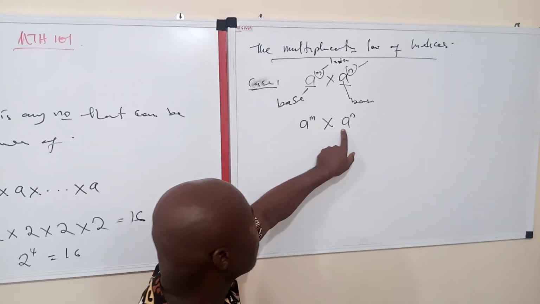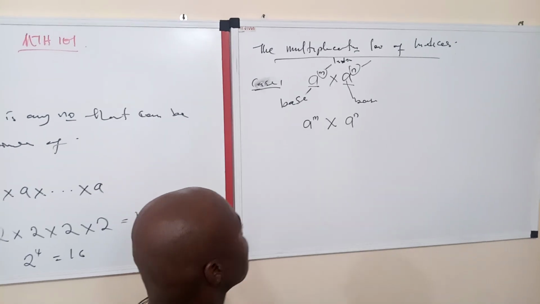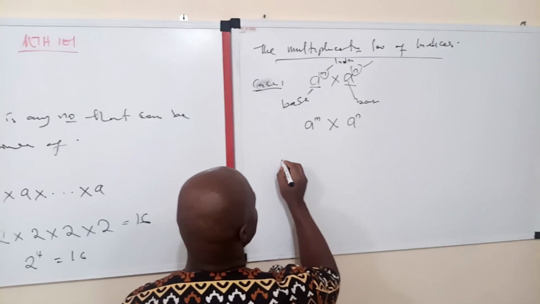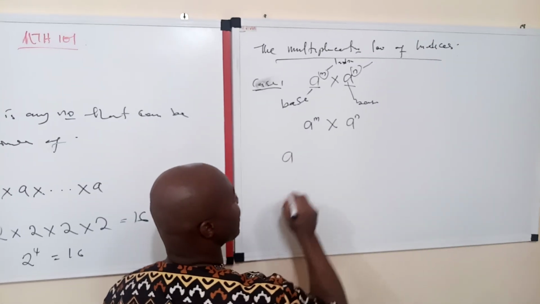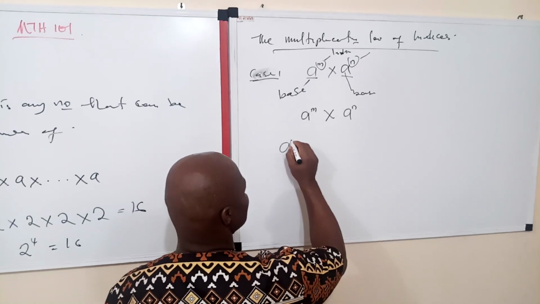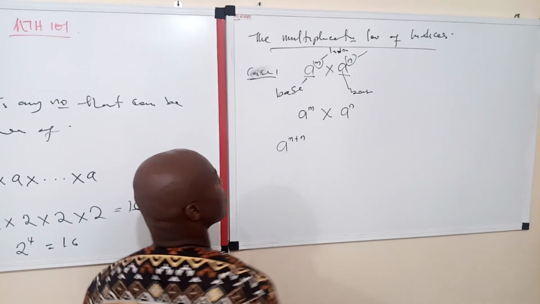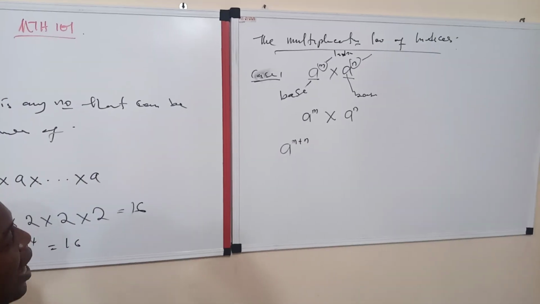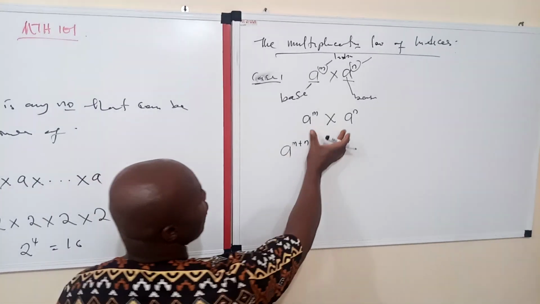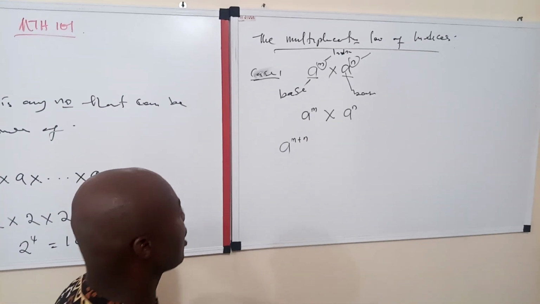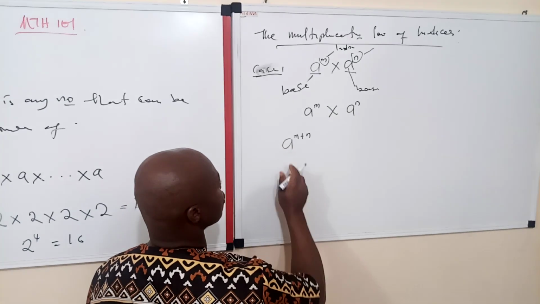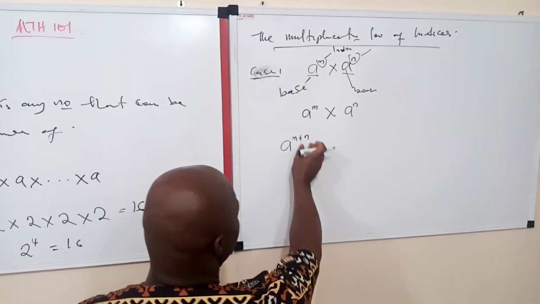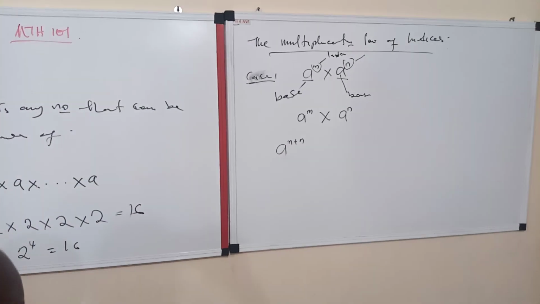In this case, where the bases are the same, the law of indices states that we take one of the base, then you add the powers. So if you have this kind of expression, all that we need to do is to take one of the base and then add the powers.